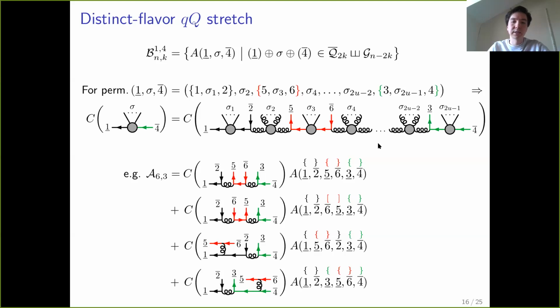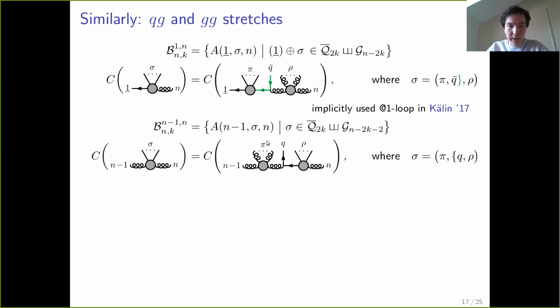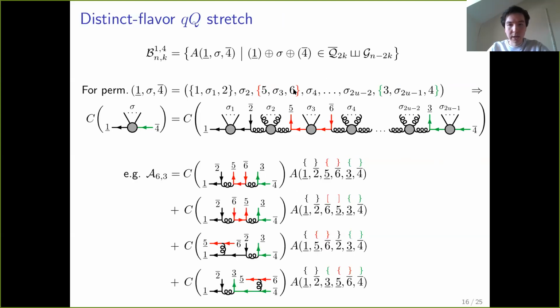I could have let it just recurse, but I chose to factorize it maximally to show you that this color factor, which is new, is now given in terms of color factors that were previously computed, the DDM color factors, and the color factors from our paper with Henrik.